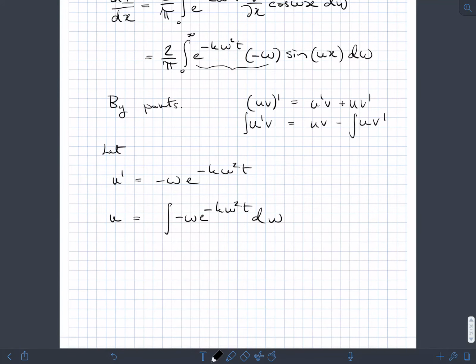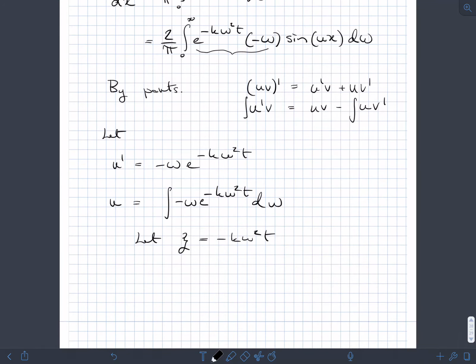This guy is a pretty straightforward substitution. So I'm going to let this guy, psi, equal to negative k omega squared t. And then of course d psi is going to be negative 2k t omega d omega.